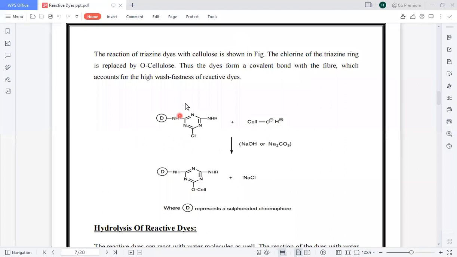So this one is the monochlorotriazine dye that reacts with the cellulosate ion after the treatment of alkali sodium hydroxide. The cellulose is converted into cellulosate ion that reacts with the MCT dye and replaces the chlorine atom and gets permanently attached to the dye.